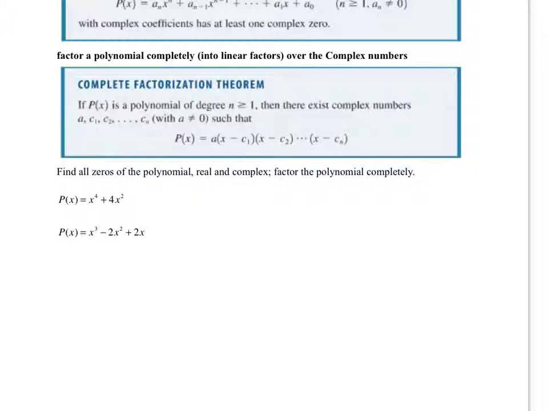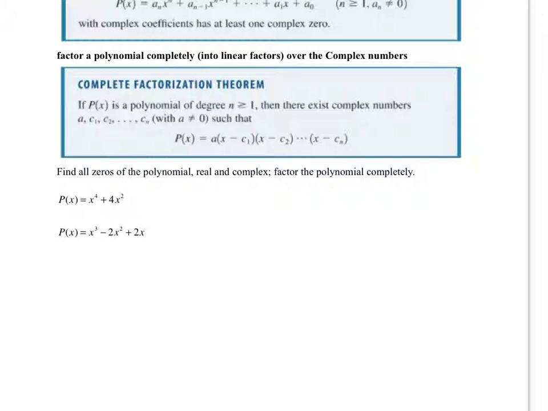So x equal to 0 is a 0. We have a 0 of multiplicity 1 at x equals 2i, and another 0 at x equals negative 2i. Notice that the complex zeros are conjugates. So counting multiplicities, we have 4 zeros. And we factor the polynomial completely.